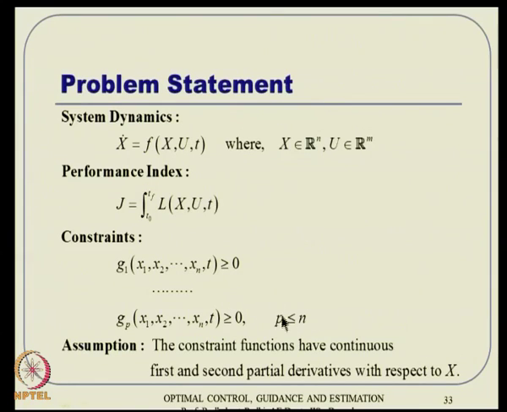The only condition is p has to be less than or equal to n, where n is the dimension of the state. Otherwise, it may lead to an over-constrained problem, and we do not want to land up there. There is also another assumption that the constraint functions have continuous first and second order partial derivatives. In other words, they are smooth functions in all variables.